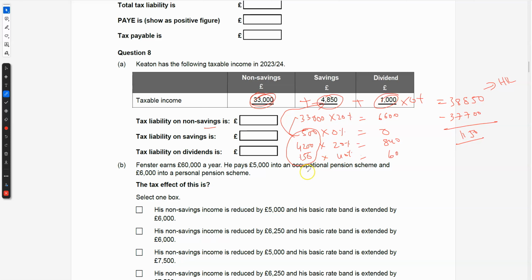And the dividend 1,000 will be tax free anyway, multiplied by 0%, so no tax. That's it. Tax liability on the non-saving will be 6,600. The saving will be 840 plus 60, so 900, and the dividend is 0. That's it.